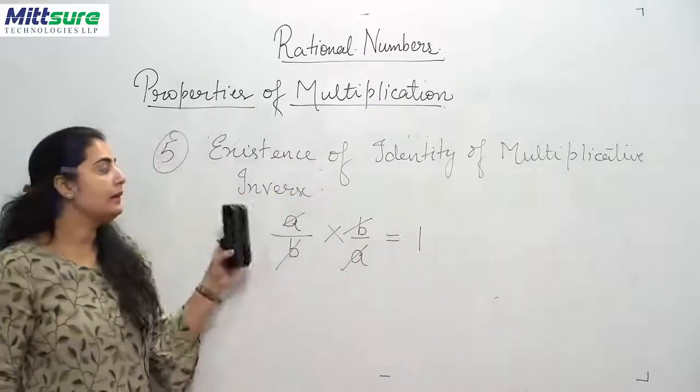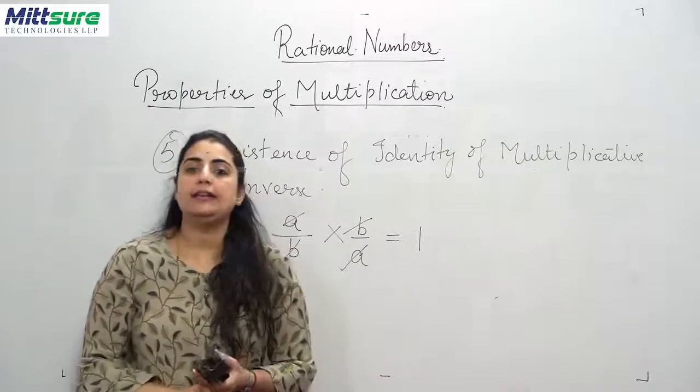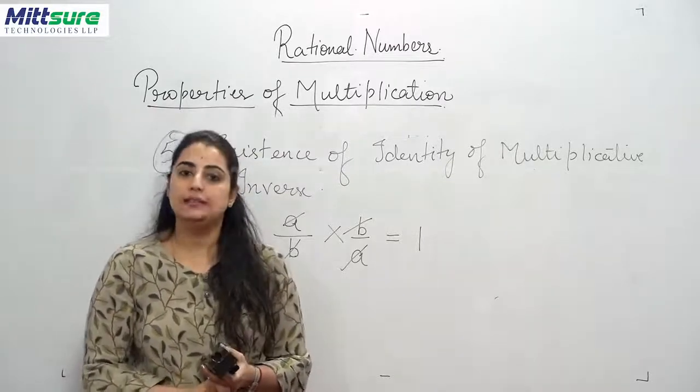So this is the multiplicative inverse identity of rational numbers.